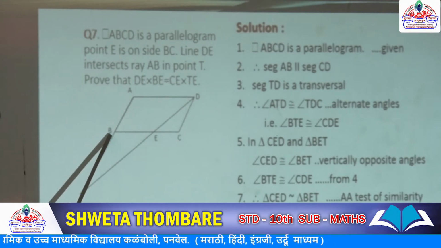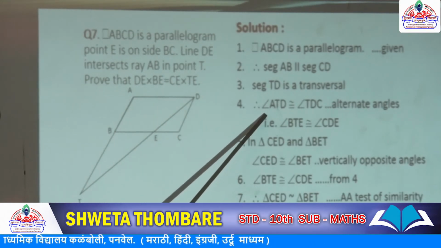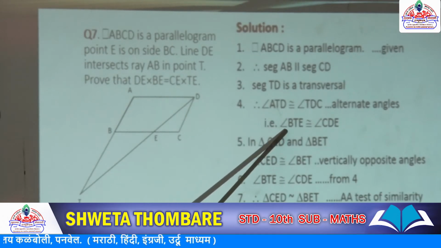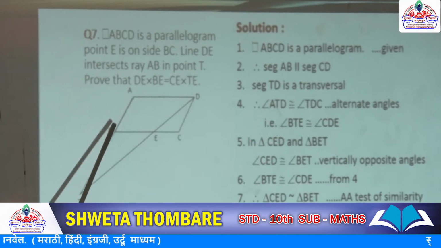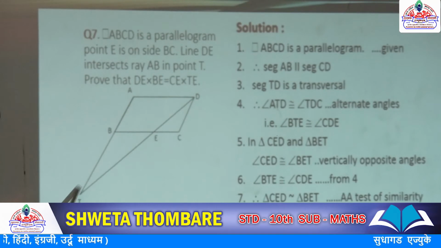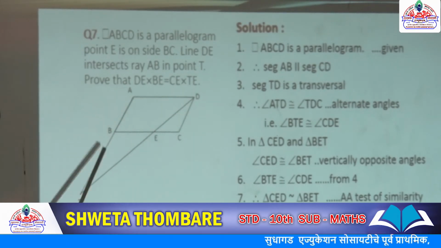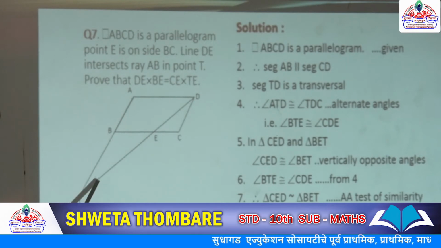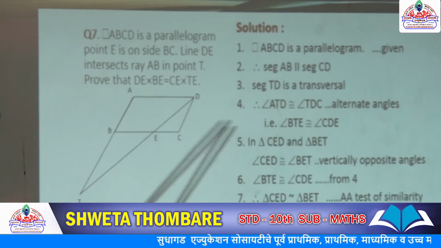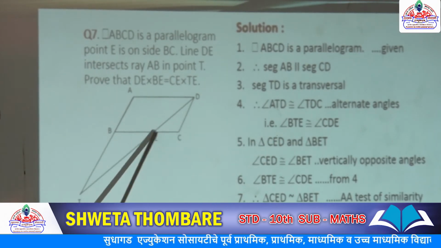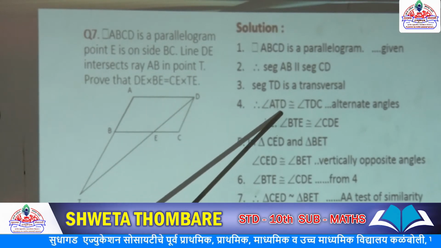So here we can say instead of angle ATD, we can say BTE. See here in the figure, instead of angle ATD, we can replace this A by B, and we can write the name of the angle like this, BTE. Here we replace this D by E also.